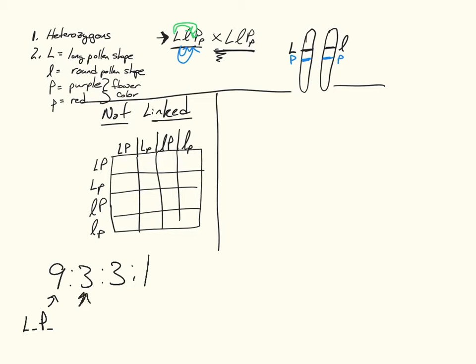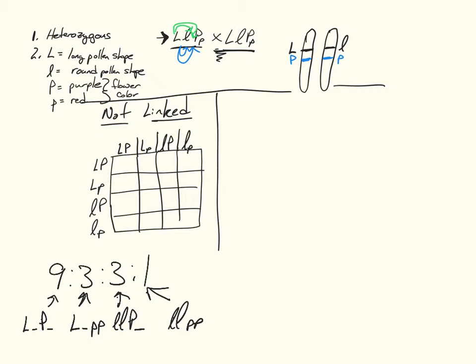You should remember that there's going to be 3 big L, blank, with a little p, and you're going to have 3 that are going to be little l, with some kind of big P blank. And you're only going to have one of those in ratios, that's going to be little l, little p. That's something you should know. 9 to 3 to 3 to 1.